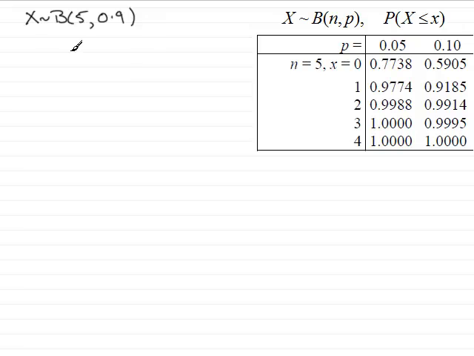Well, what you do is let y be a random variable that is distributed binomially with 5 trials, but this time, since x represents the number of successes, y is going to be the number of failures, and the probability of getting a failure will always be 0.1.